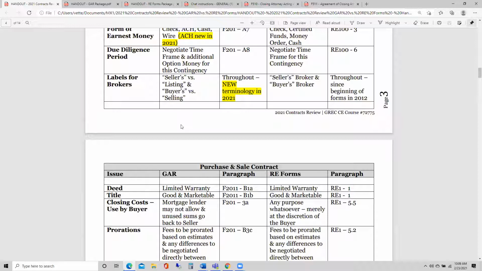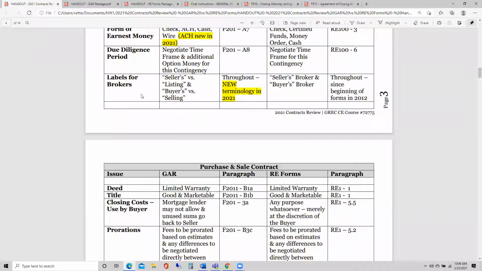The issue why a lot of Metro Atlanta brokers and closing attorneys will not accept ACH is it is reversible up to 6 months, whereas a wire is not reversible. Thank you, Zoe. Automatic clearinghouse, that's what it stands for.